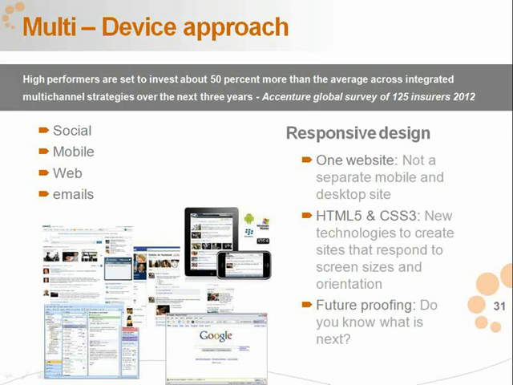One is there's a growth in the number of channels with social, mobile, web, emails, and how are you positioned to tackle that growth? And that happens through a phenomenon called responsive design, where we're talking about one website for all media, for all channels, for all devices. And that website needs to be uniformly seen in terms of experience, in terms of technology, and in terms of any new device that comes up. Your website should be ready for that.